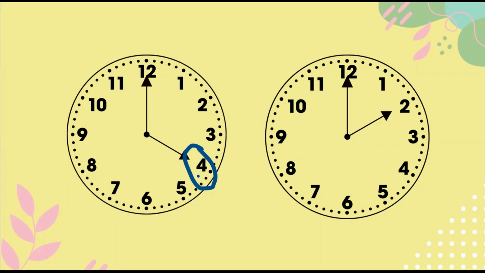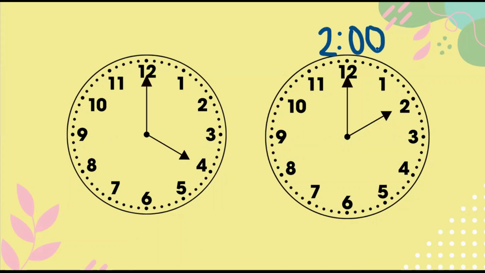Good job, you're right. It's going to be 5 o'clock. So when our hands move all the way around for 1 hour, it's going to end up at the 5 for 5 o'clock.